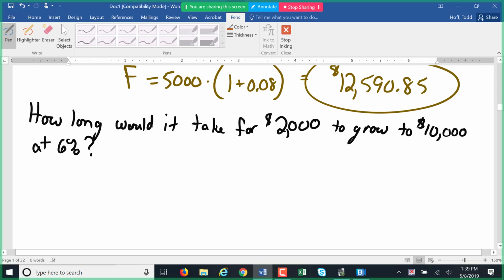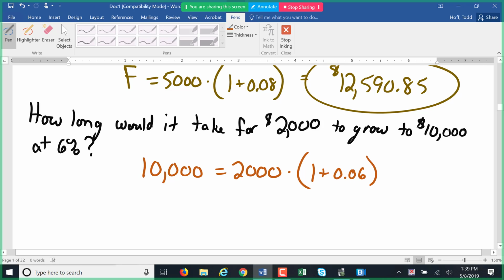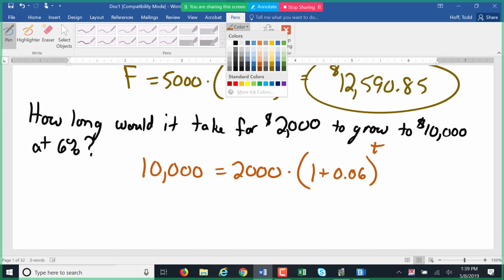Now in this one, we know the future amount. The future amount we want is $10,000. The present amount is $2,000 times 1 plus our rate is still 0.06. We don't know T. That's what we're solving for, T or X, whatever you want to call it.